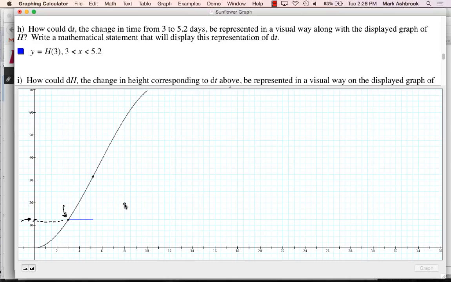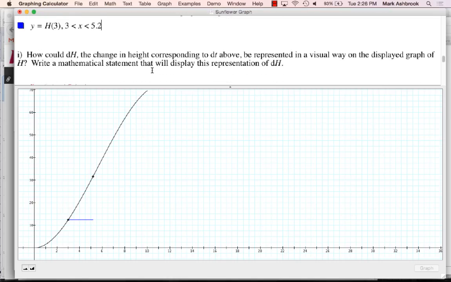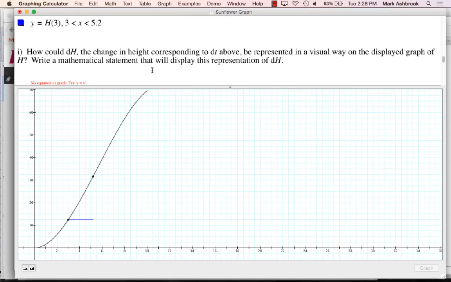Okay, continuing on. Now we want to show the corresponding change in height. And we want to start here.